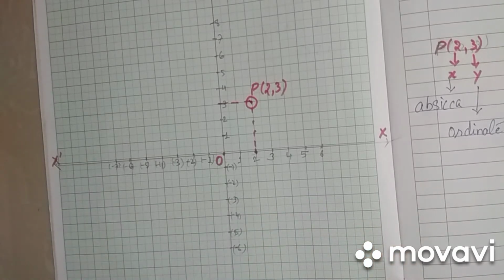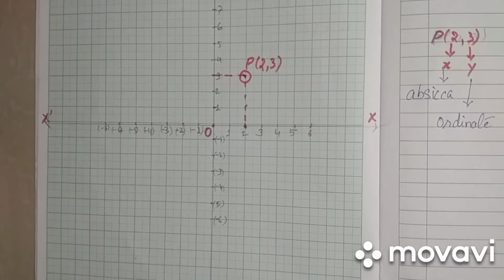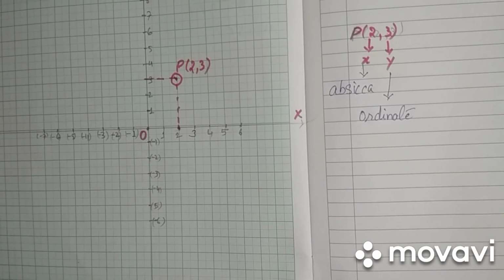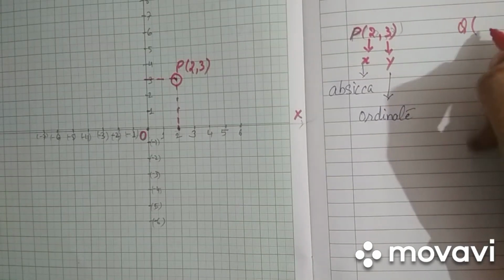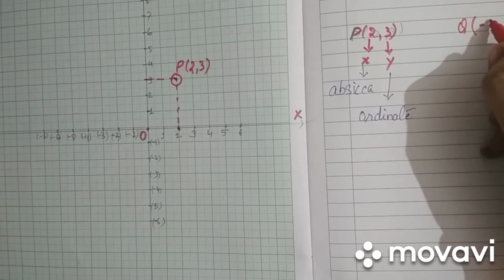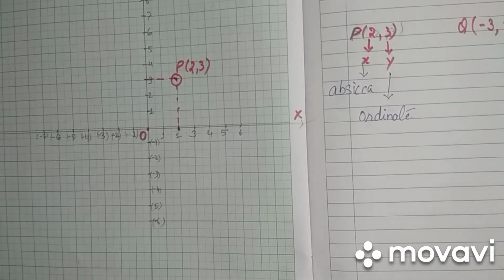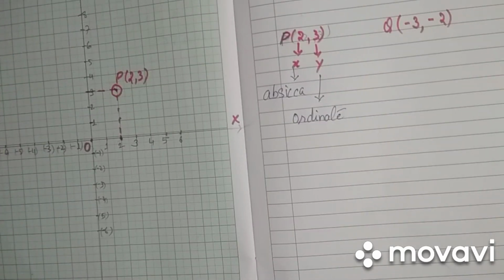This much is clear, beta? Now, if it is negative, then how to plot it? You can take any of it as a negative term also. Name another point with -3 and -2. Then how will we plot it? -3 and -2.